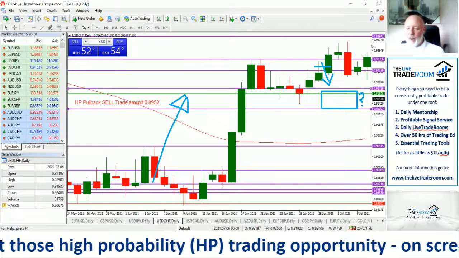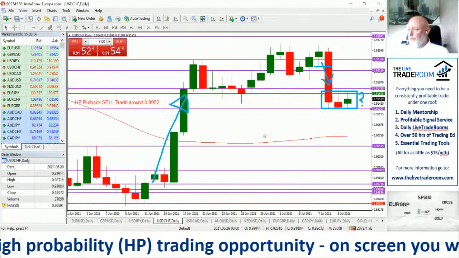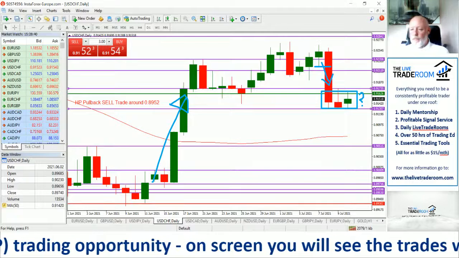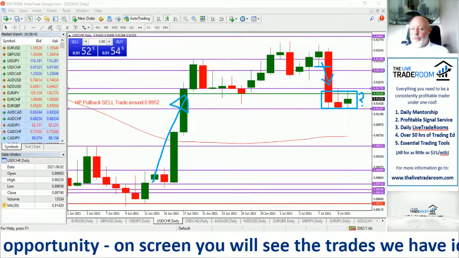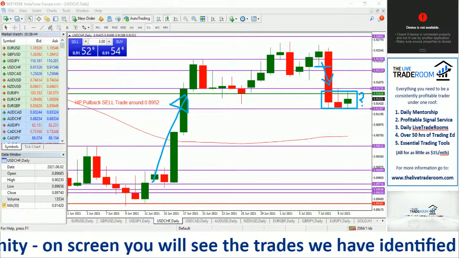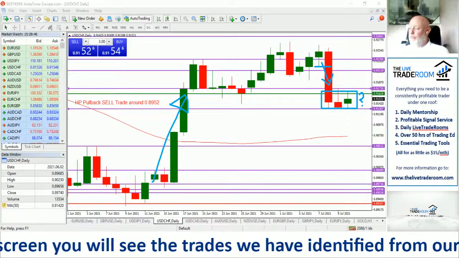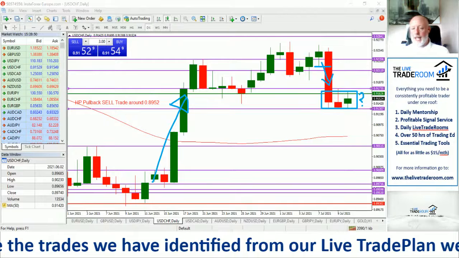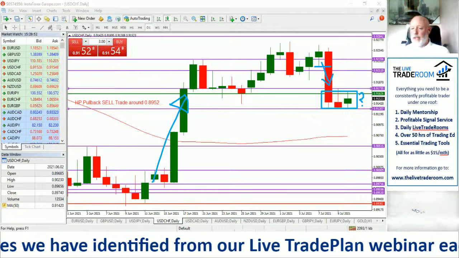That's what we can expect from these markets. And we want the markets to perform as per our expectations. More often than not, they won't do that, but we want them to. That's the aim.